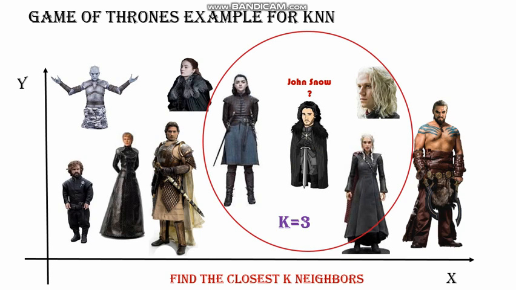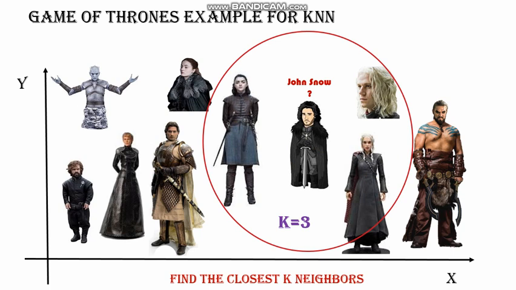As you can see, I have chosen three characters here because the value of k is 3. K is a positive integer, which is the number of neighbors that we are going to select for determining the class value of the test data. So as we have 3 as k here, we are selecting 3 characters. But if we had 5 as k, then we would have chosen 5 characters.